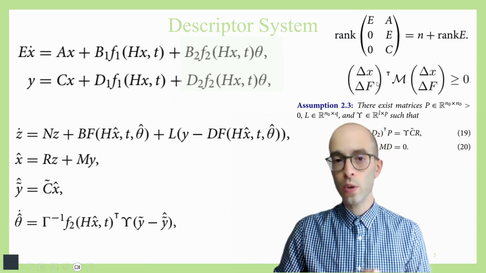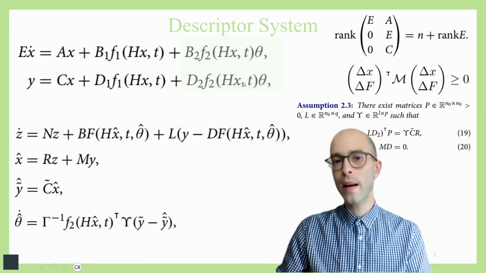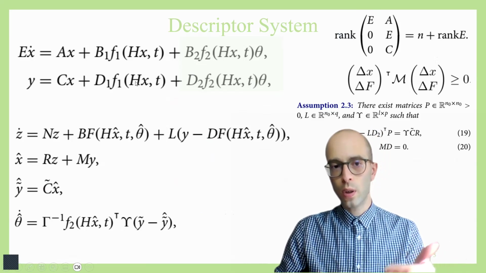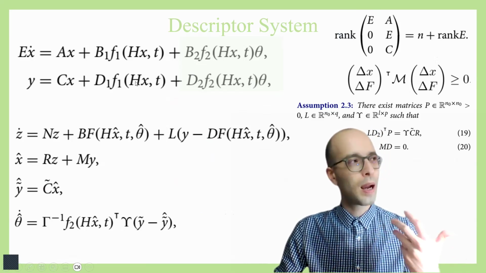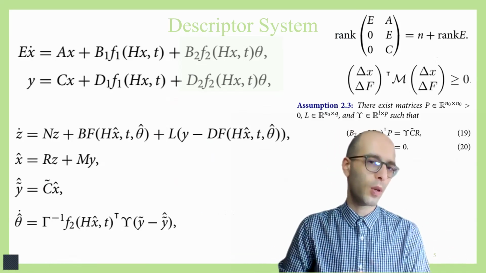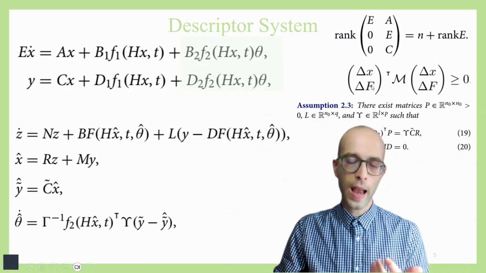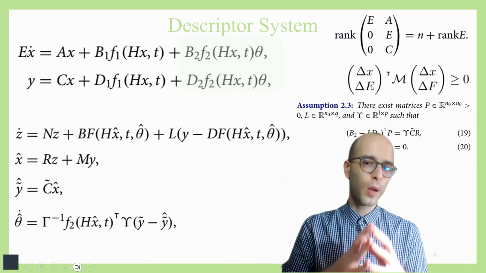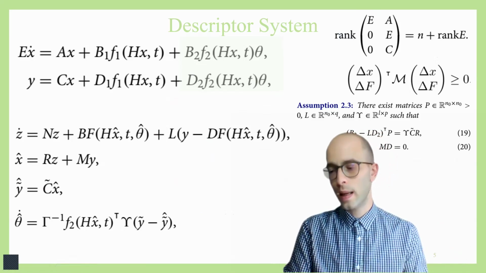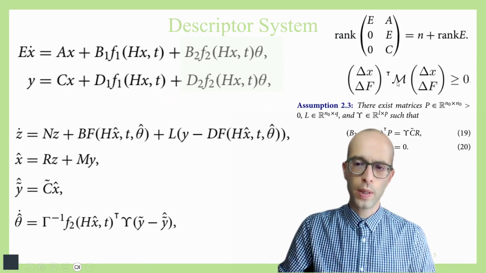The second assumption has to do with what type of nonlinearities we have in the system. Because in order to design the observer, we need to somehow define a bound for the nonlinearities. Here, for F1 and F2, which I call F capital here, we assume that they belong to the case of incremental quadratic constraints. They satisfy this condition right here.